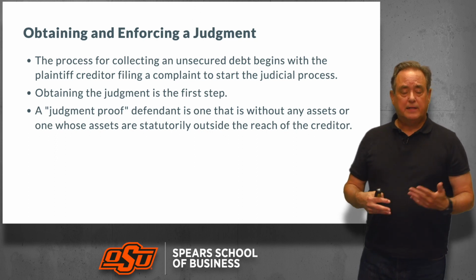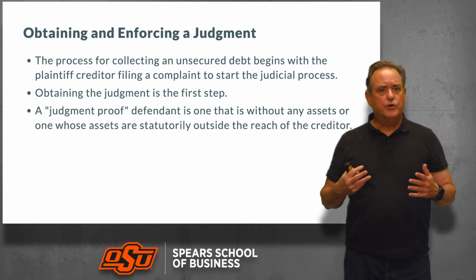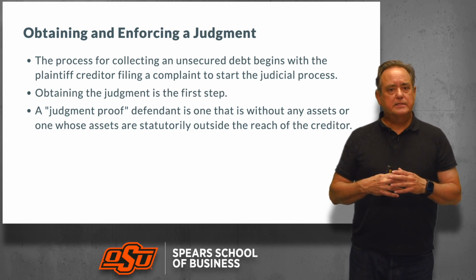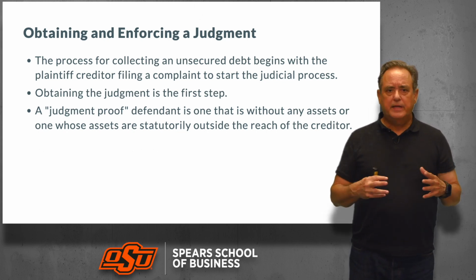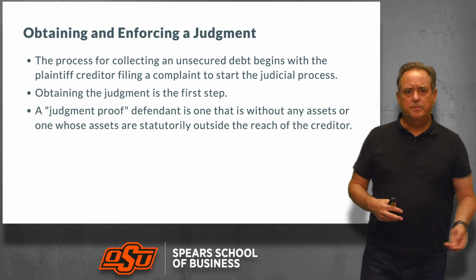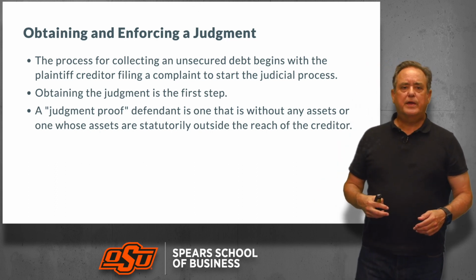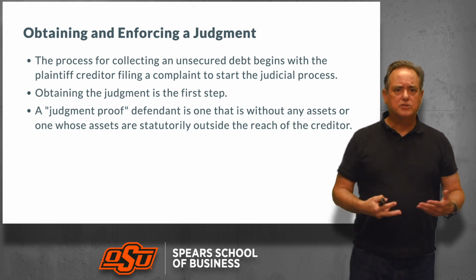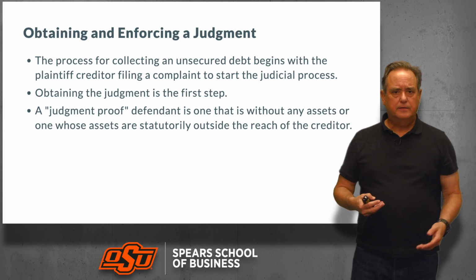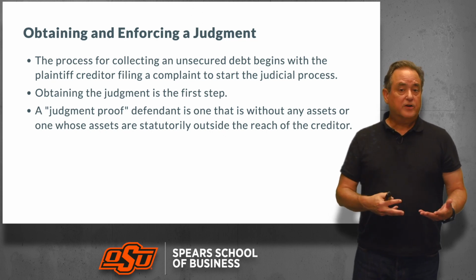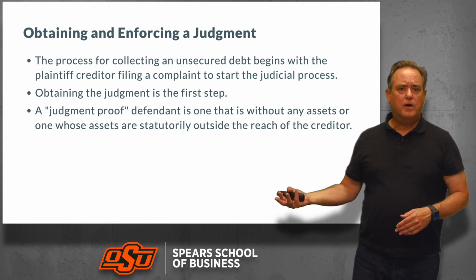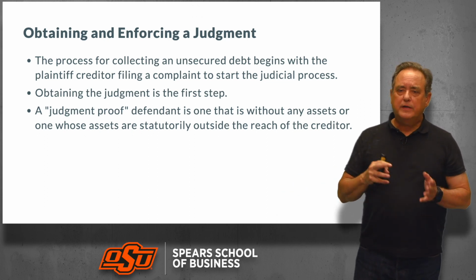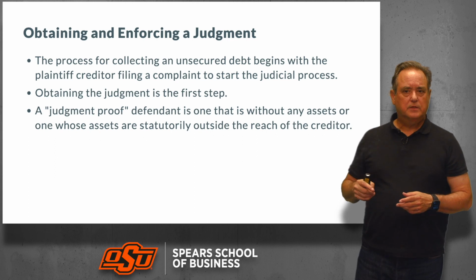Most prominently in Texas, your homestead, the place where you live, is not available to be seized and sold to pay a debt. So if you are a person who's lost a lawsuit in Texas, one of the first things you'll want to do is to pay off your mortgage. Why? Because now you own the house and no one can take your homestead from you.